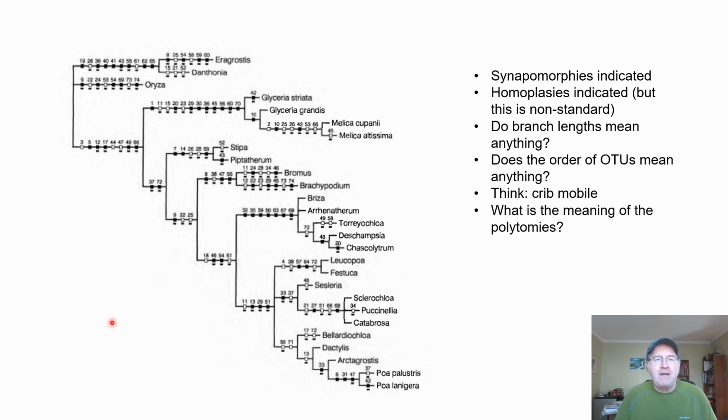I should also, let's put it this way. It's very easy to look at something like this and interpret these branches as ancestral species. That's a dangerous route to take. Strictly speaking, what they are representing is the distribution of shared derived character states among the OTUs in the study.